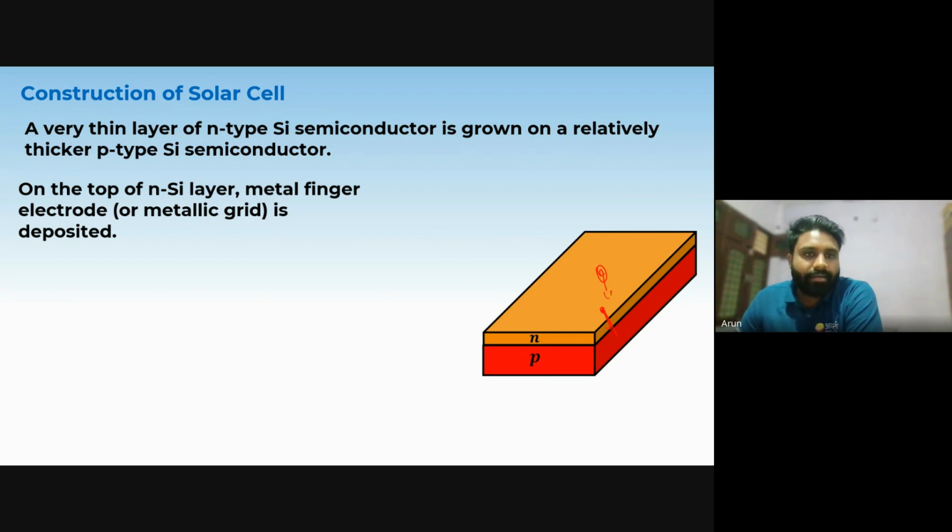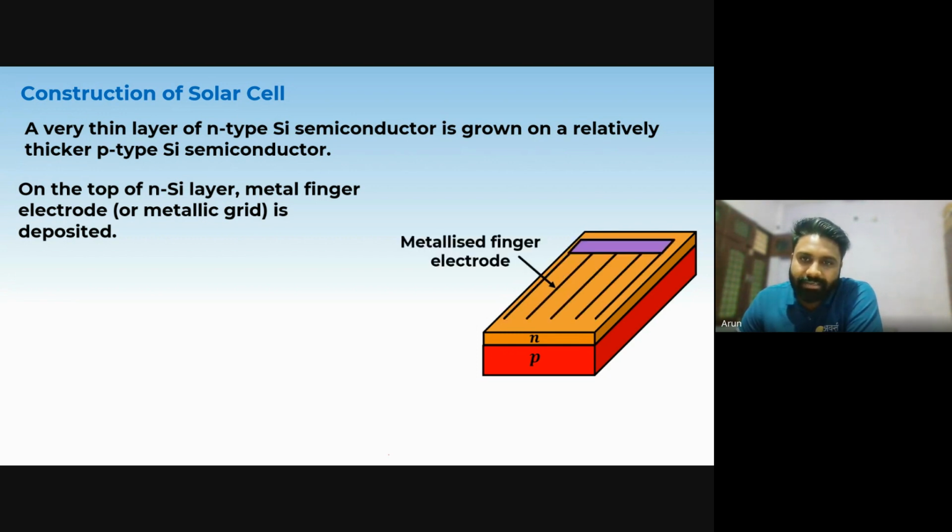The top metal fingers are connected to it. You will see these are the metal fingers that are connected to it, and these are the electrodes also. They are collecting the current from it, and this will form a front contact.